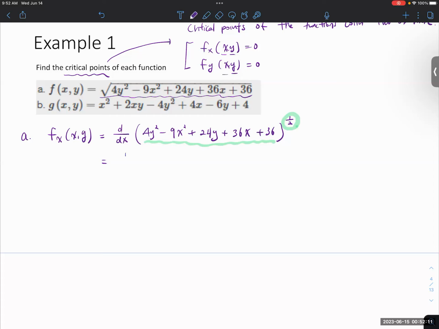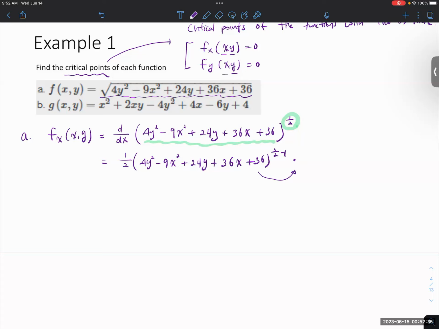So I'm going to bring 1/2 to the front. 4y squared, 9x squared, 24y plus 36x plus 36, to the power 1/2 minus 1. This is the outside derivative. And then you're going to take a look at the inside derivative.